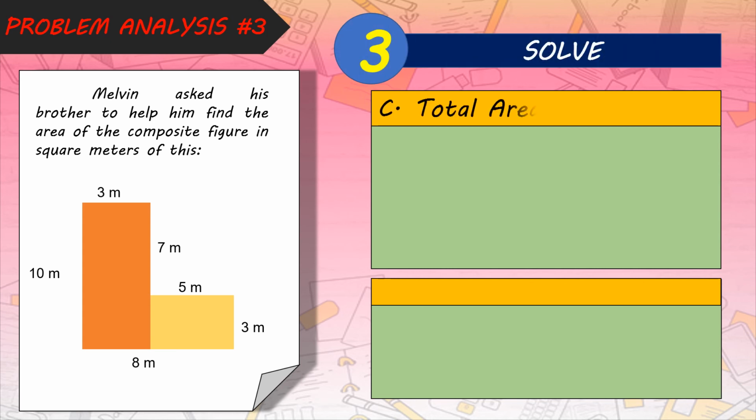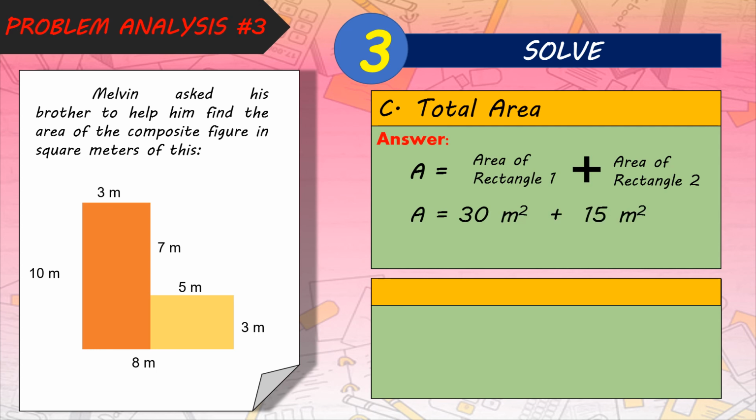So now let's solve for the total area of this composite figure. Like we said earlier, we get the total area if we add the area of the first rectangle to the area of the second rectangle. So we have area is equal to 30 square meters plus 15 square meters.